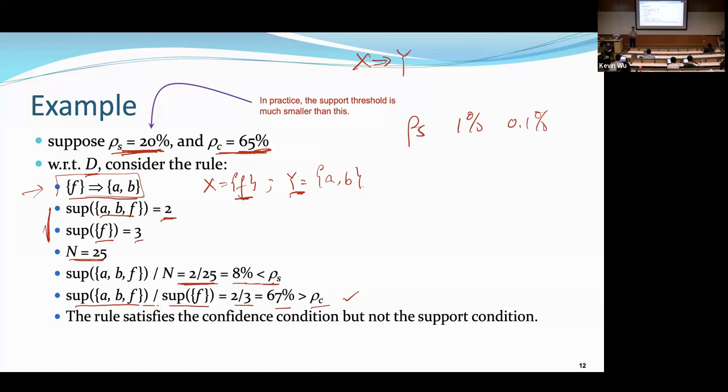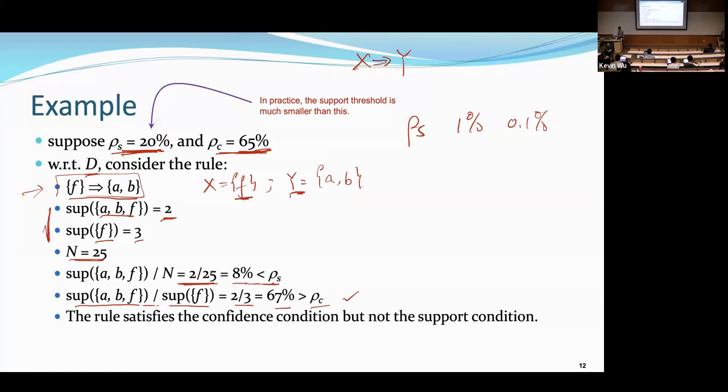Otherwise, I would have to create a very large toy example data set to illustrate this idea. The remark I made was just to make sure that when you are applying association rules in your data sets, you don't set the support threshold to such a high value, because the example with 20% support is not the usual case in practice.